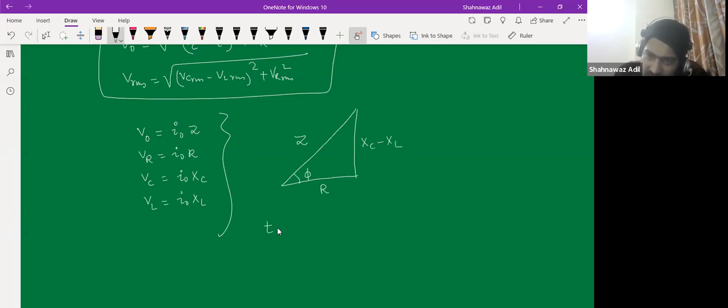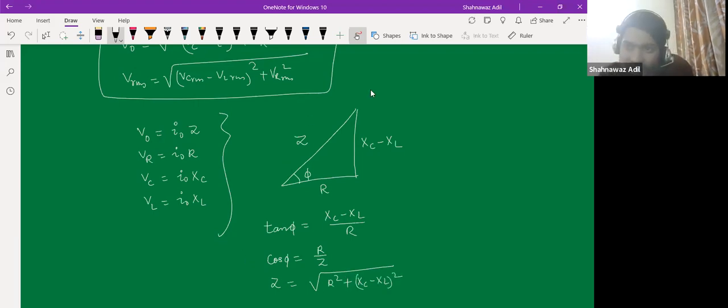Then tan phi is XC minus XL by R, cos phi is R by Z, and impedance is the square root of R square plus XC minus XL whole square.